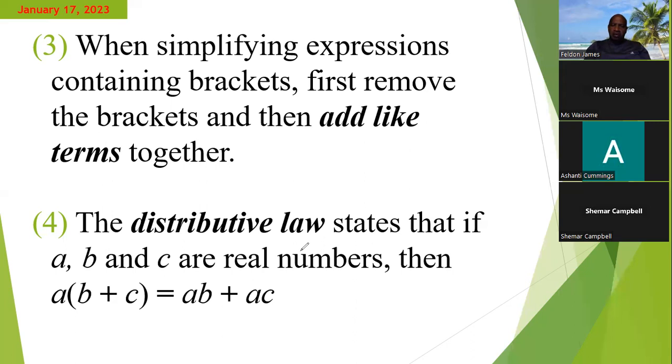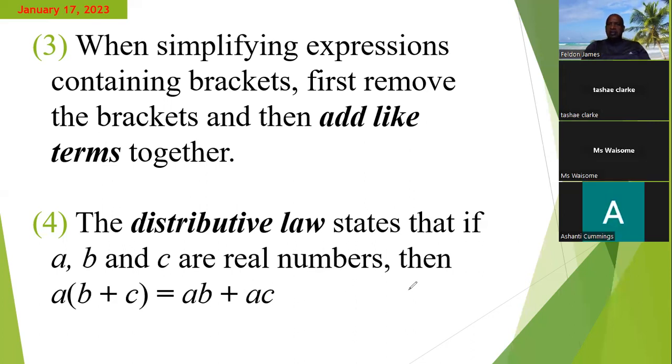Now, why I'm making this emphasis that this is a product is because we know that the things that we multiply to get the product, what do we call them? Factors, sir. Factors, right?